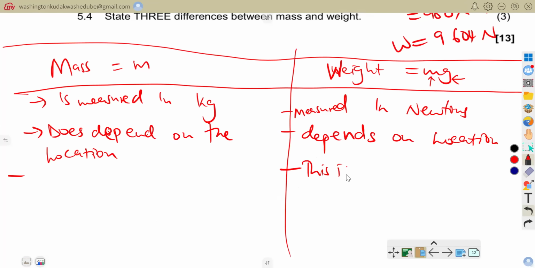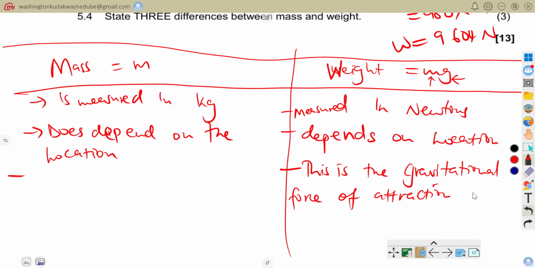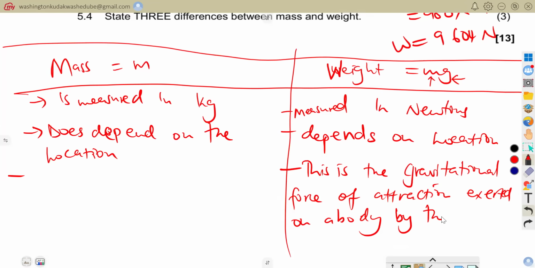So this is the gravitational force of attraction exerted on a body, by the Earth towards its center.